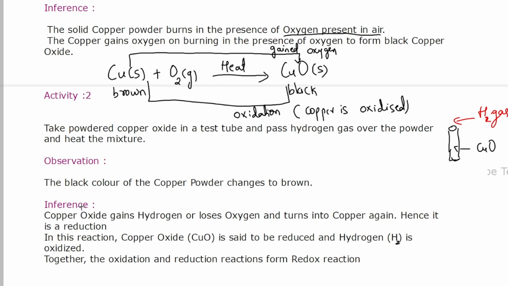What happens is we observe the black color of the copper oxide powder changes to brown. Why does this happen? Because this copper oxide has undergone reduction in the presence of hydrogen to form copper again. Copper oxide gains hydrogen or loses oxygen and turns into copper again. Hence it is called reduction.